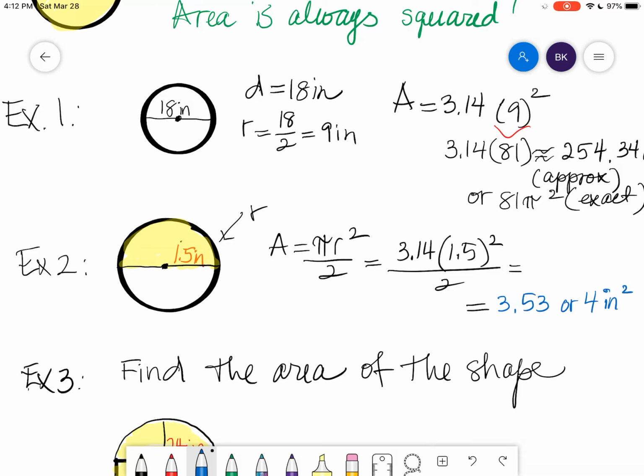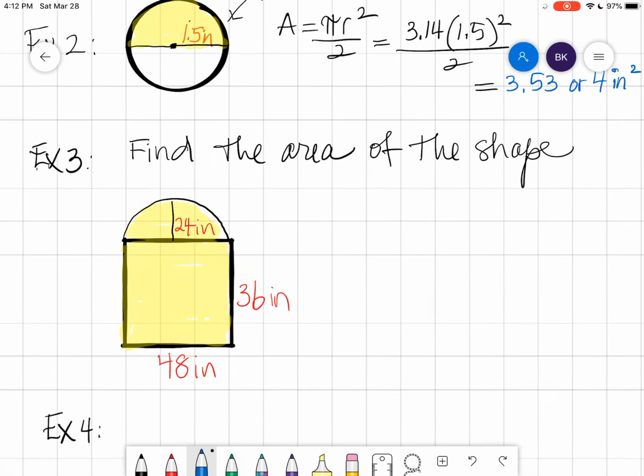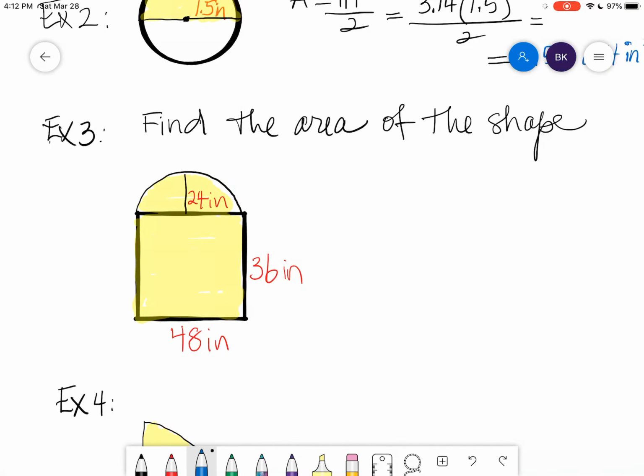Well, next example, I need to find the area of the entire shaded shape. Since this is a composite, a figure that's made up of more than one shape, I'm looking at my lengths and I see a rectangle and then I see a semicircle. So we can just break it up.